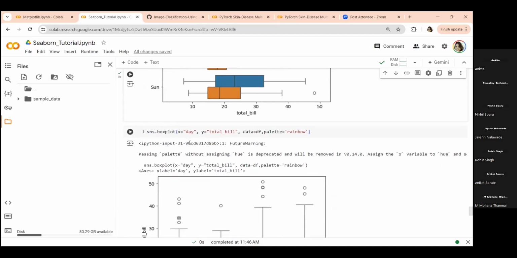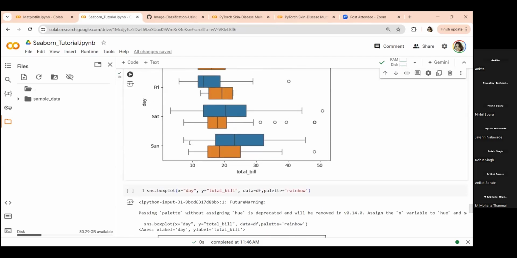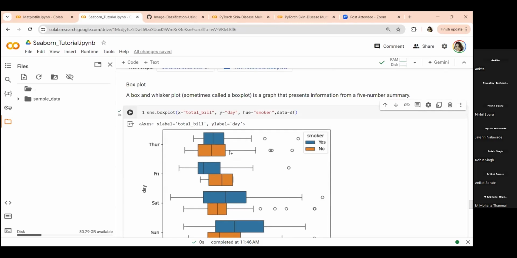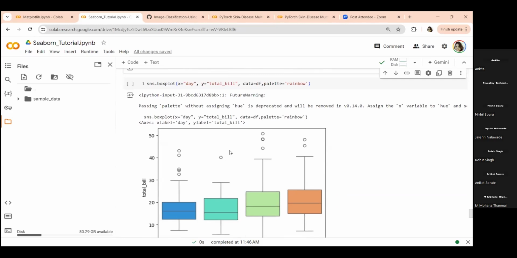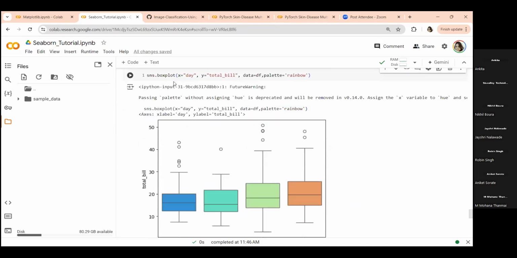So here another box plot we are drawing. We are basically comparing, and this graph is the vertical type. Here we change the y value: the y value is the total bill, and the x value is the day feature, and data is our data frame, df, the name of our data frame, the data set we are using here.